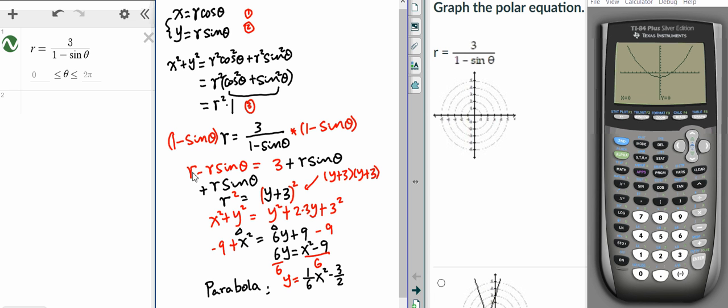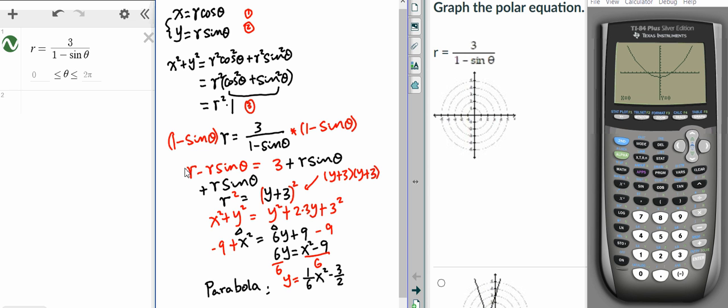You have r times negative sine theta, so you have a negative sine theta. This is the new equation we get: r minus r sine theta equals 3. Now you want to take r sine theta to the right-hand side, so you add r sine theta on both sides.